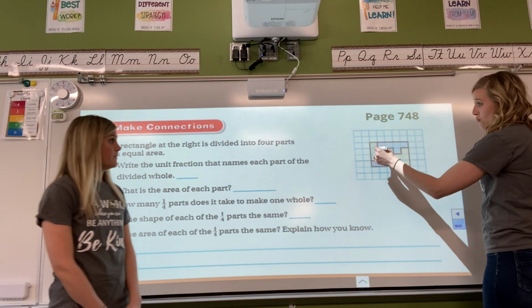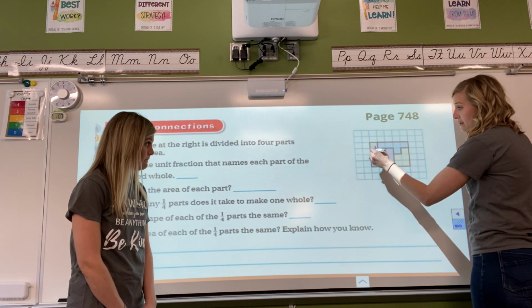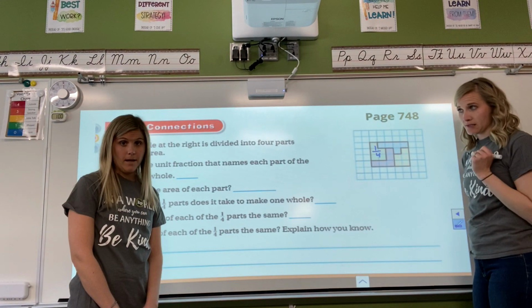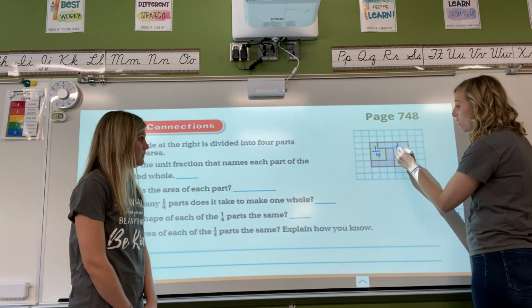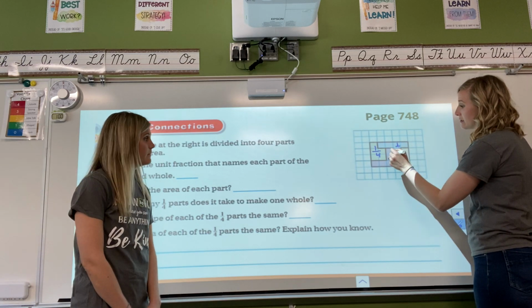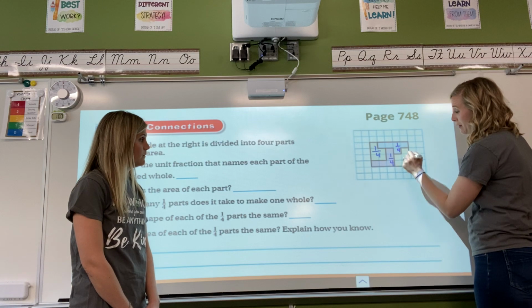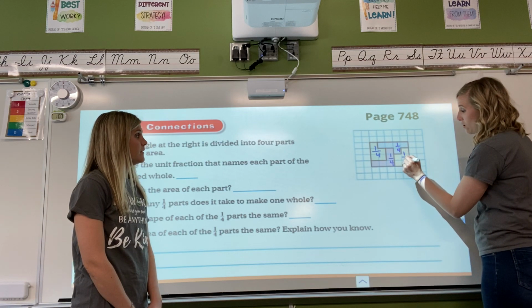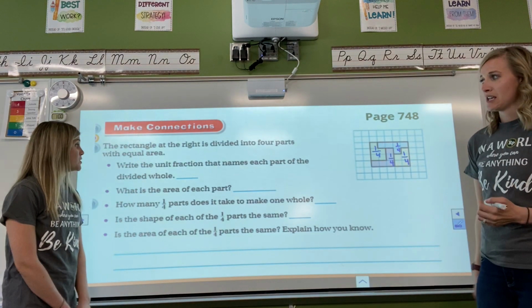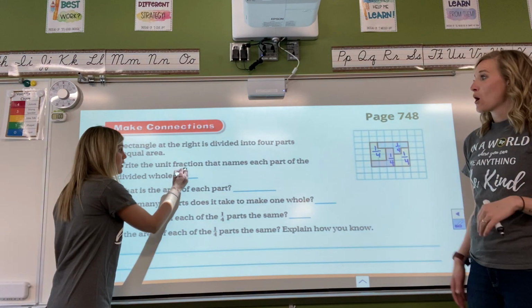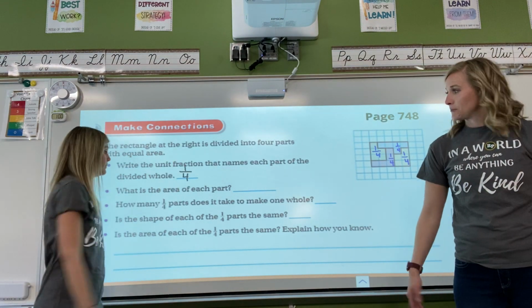This is 1 of the 4 equal parts. This one is 1 of the 4 equal parts. And this one is 1 of the 4 equal parts. So the unit fraction would be 1/4.